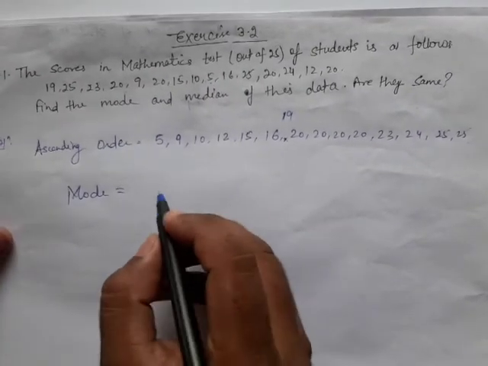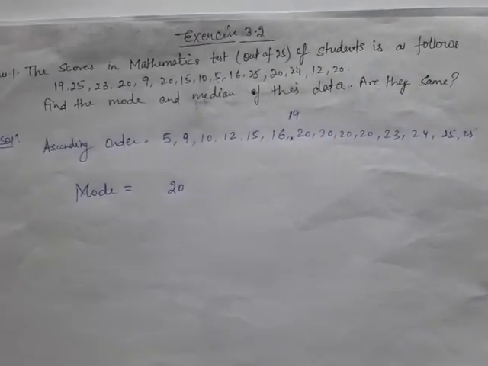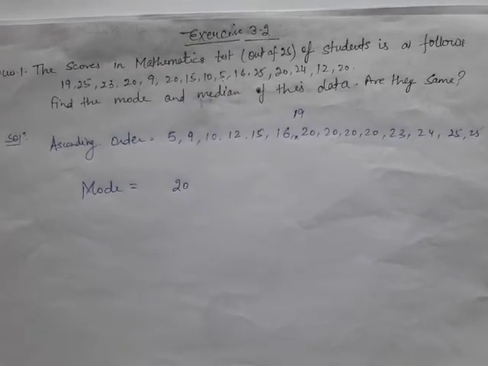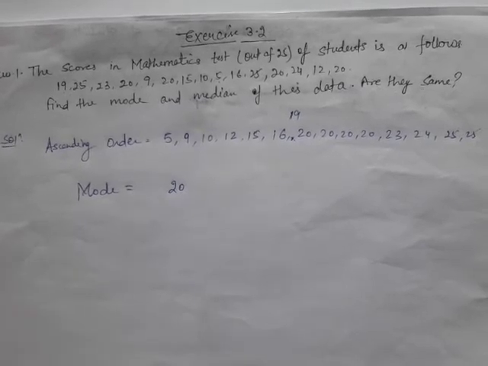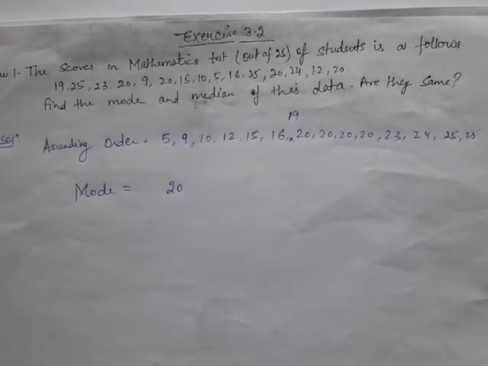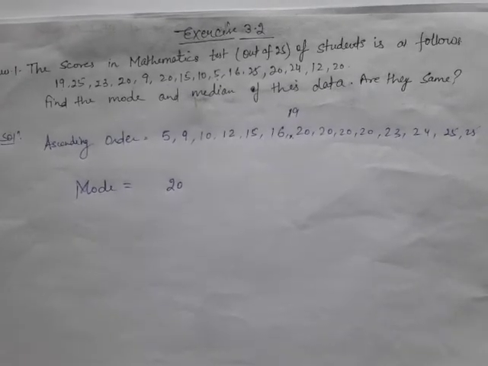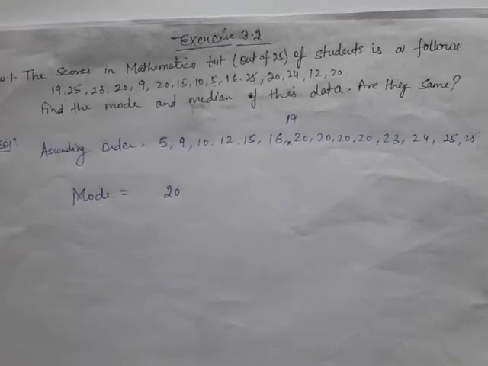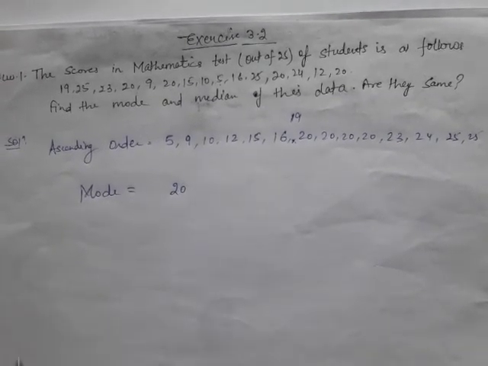Means 20 is coming the maximum number of times, 4 times. That is the mode. If mode is asked, there is no solution, you only arrange that data in ascending order. After that you see which number is coming the maximum times, that is the mode. Clear? Next one is asking median.